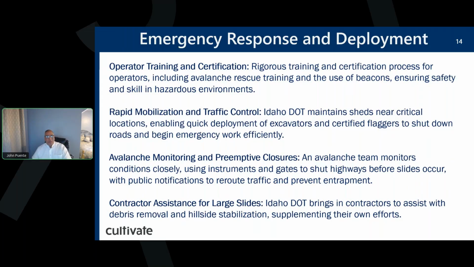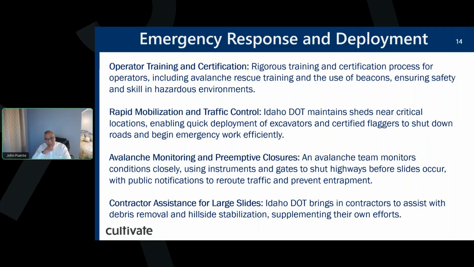Emergency response. Idaho had a very rigorous training and certification program in place for emergency response, including avalanche rescue training. They also position maintenance sheds near dangerous avalanche locations that enable very quick deployment of equipment and personnel during these emergency responses.